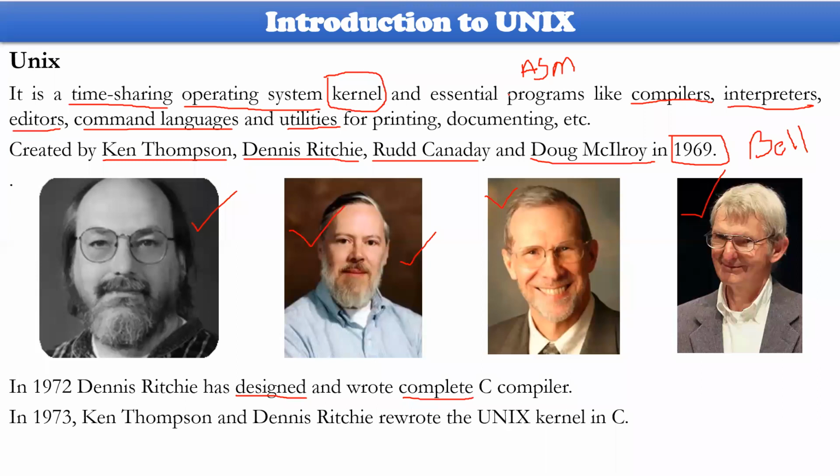So to break through that confusion with the Unix operating system, Ken Thompson and Dennis Ritchie rewrote the kernel in C in 1973. So this is the emergence of Unix.